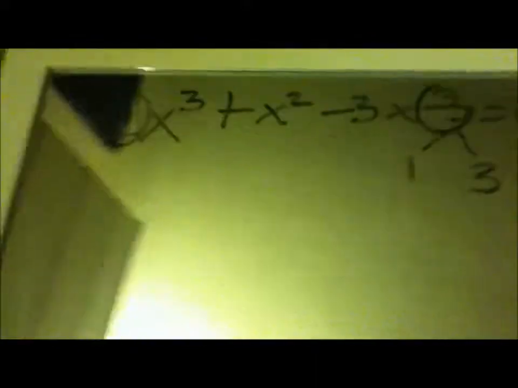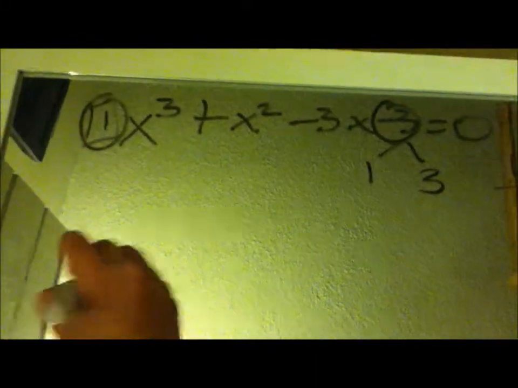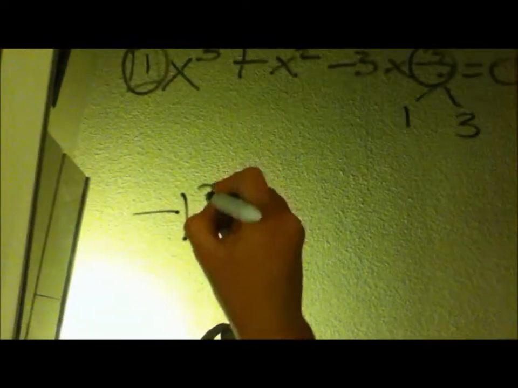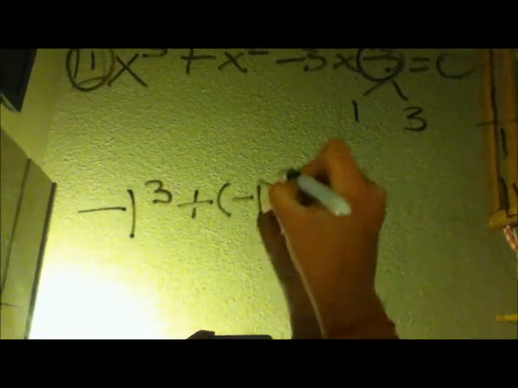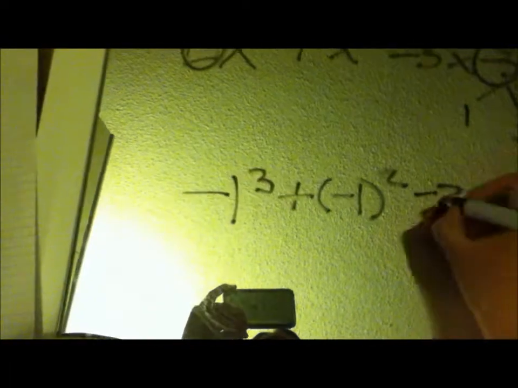So we're going to take the root, let's try -1. We're going to plug it into the equation. So it's going to be -1 cubed plus -1 squared minus 3 times -1 minus 3 equals 0.